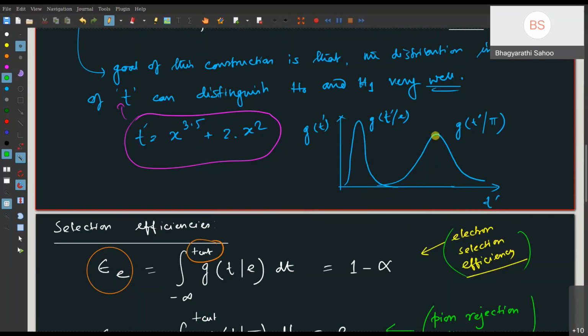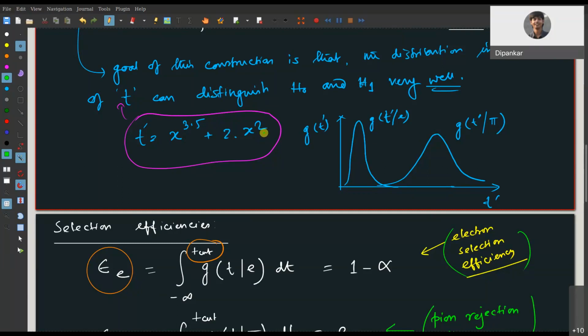There are two kinds of optimization. First, how to choose t, and then given a t, how will you choose a cut? Remember, if you complicate this function, then your computational complications also increase, and you have only a finite amount of computing power.